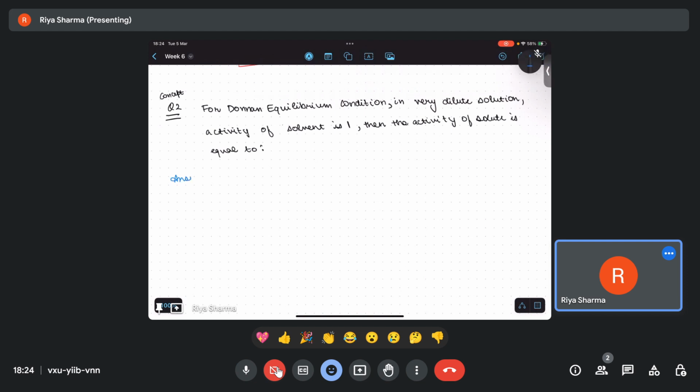So when the solvent activity, this is to be remembered, is 1, there the solute activity is equal to the concentration.